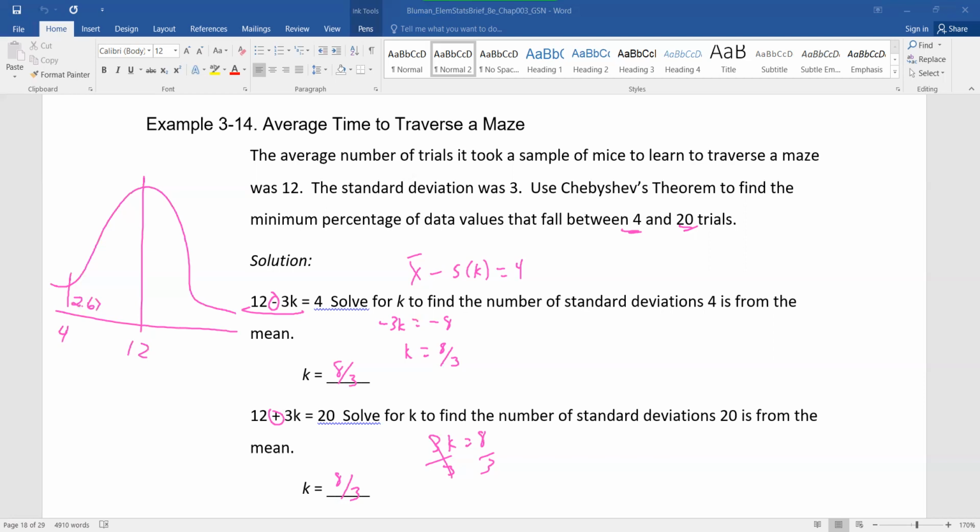This would have been 1 standard deviation, this 2 standard deviations, and then the 4 falls right outside that but within the 3. The 20 would also be 2.67, and then we're trying to get to that percentage.